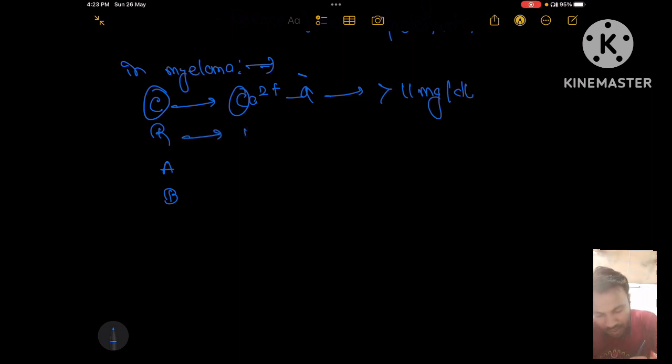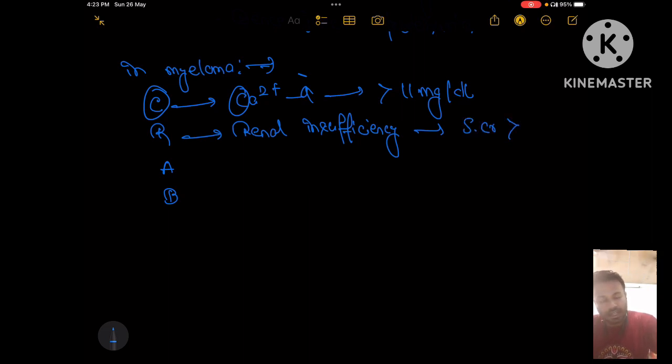In myeloma, we can see CRAB. What is CRAB? C, calcium increase, greater than 11 milligram per deciliter. R for renal insufficiency: serum creatinine greater than 2 milligram per deciliter.